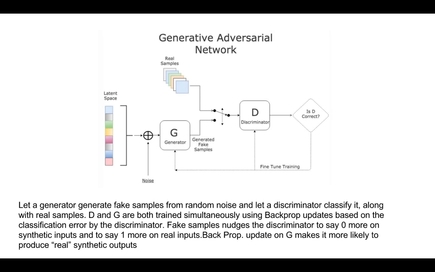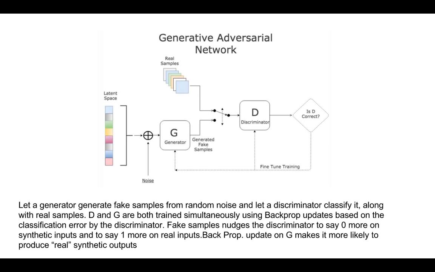And that is a GAN. The generator generates fake samples from random noise and lets a discriminator classify them along with real samples. Both the generator and discriminator are simultaneously trained using backprop updates based on the classification error by the discriminator.